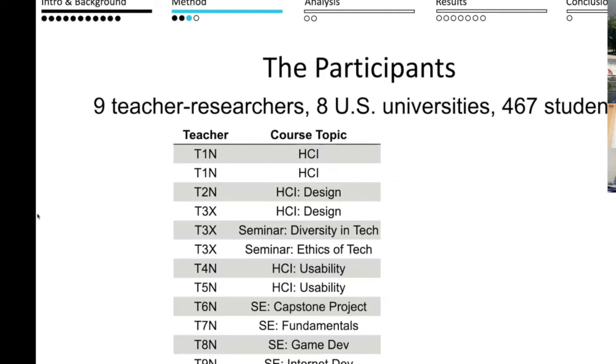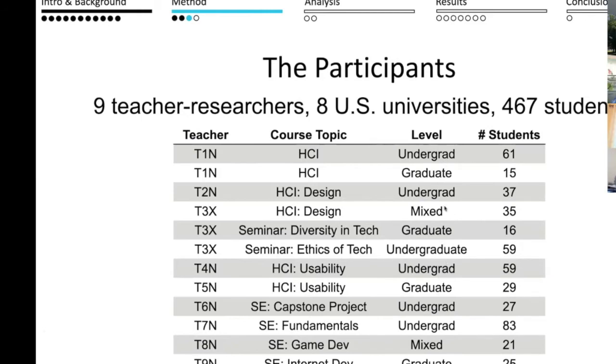So almost all of these were junior and above. I think the only exception was the ethics of technology. I think that one is just for whenever people take it. Yes, okay, and here are the various levels of where students were and how many students were in each of these various classes.